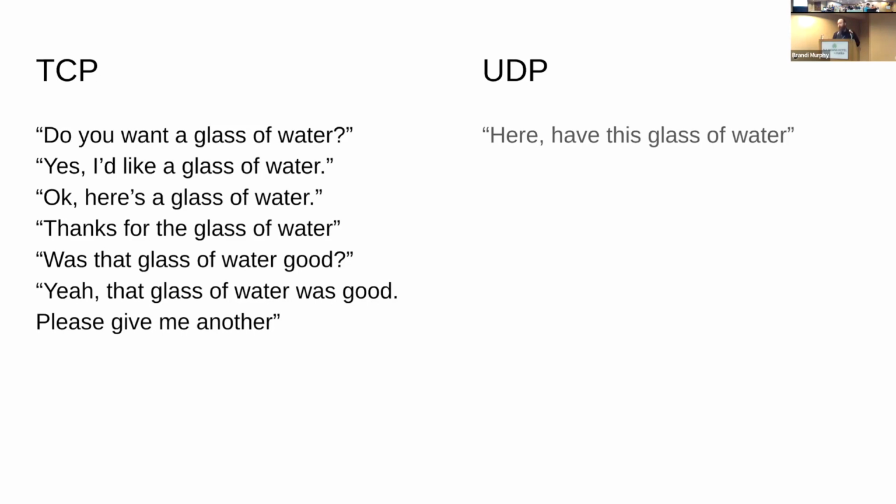For UDP, however, it's just simply, here's a glass of water, and we'll literally let go, and if the destination's not there to pick it up, it will fall on the floor. And UDP doesn't care. And in fact, we'll just continue to hand glasses of water out, whether or not they're picked up.